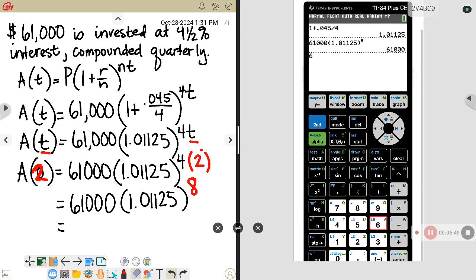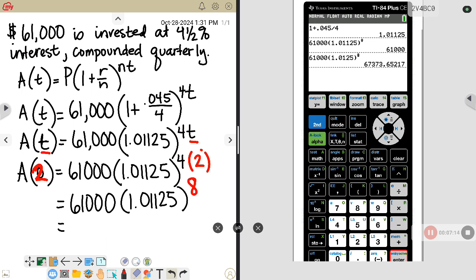So 61,000 times 1.0125, close. Now go up into my exponent, and now my exponent is 8. And we are going to round this to the nearest dollar.